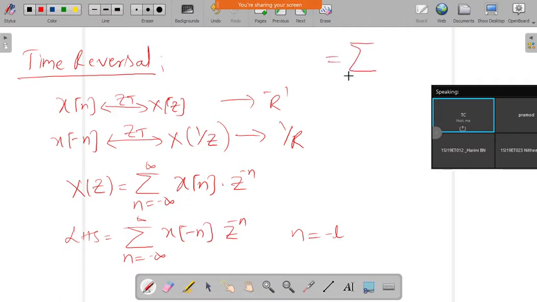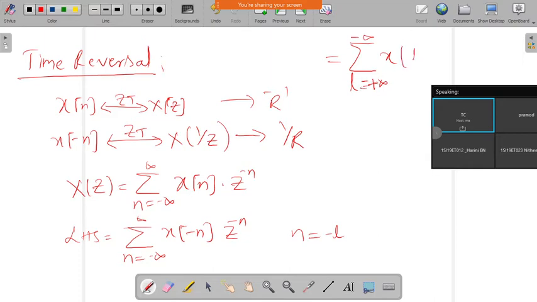So, that will give summation n equal to minus infinity to plus infinity. If I change the variable from n to L, L will vary from plus infinity to minus infinity.